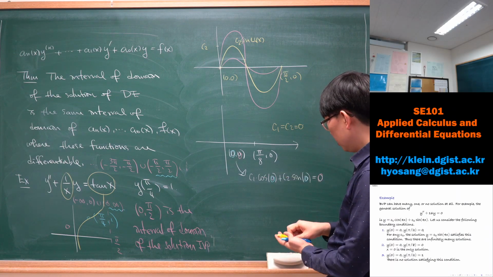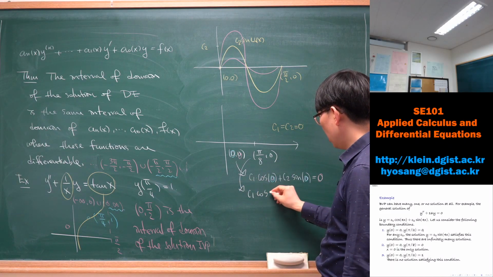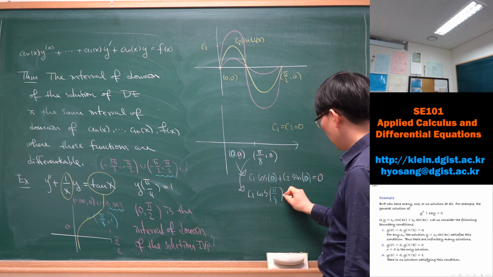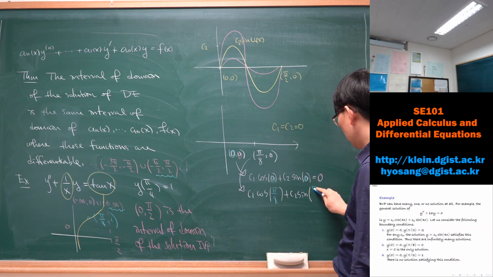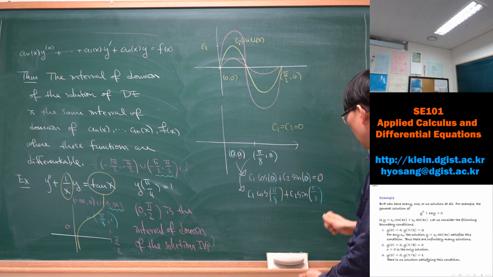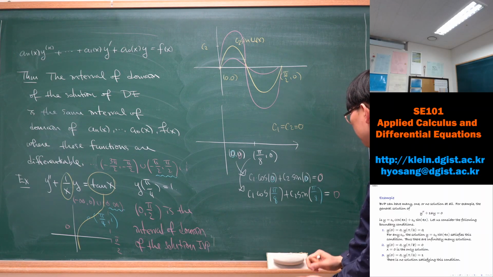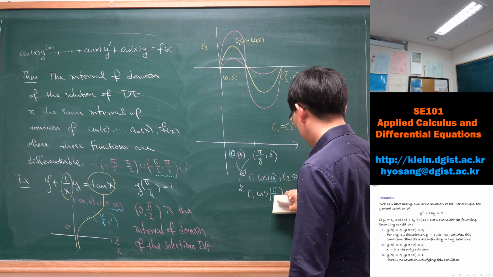And how about the second condition? In the second condition, C1 cosine pi over 8 and C2 sine pi over 8 is equal to 0. I'm sorry, it's 4 times x, so it's pi over 2.